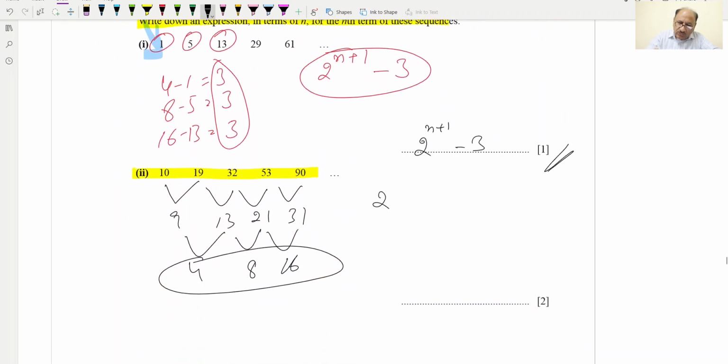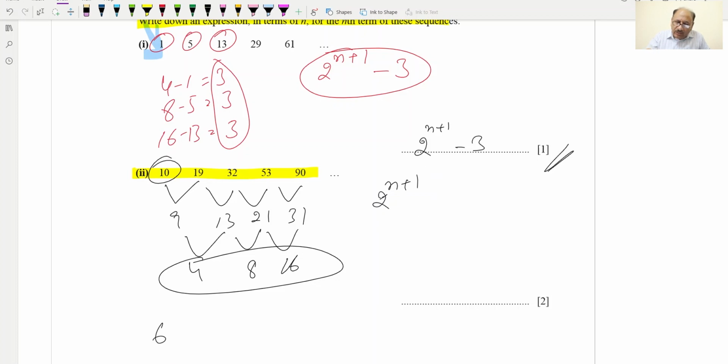So 2 raised to the power n plus 1, and the rest we can check basically if we want, like if we write n is equal to 1, it will be 2 raised to the power 2, which is 4. So it will be 6 will be the difference between this term and what we are getting from here.